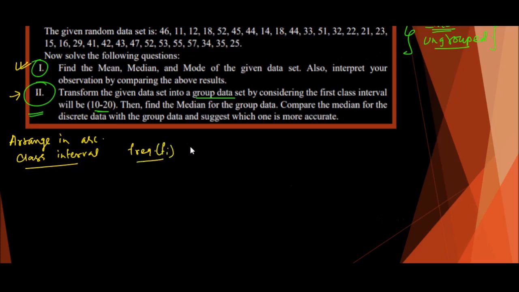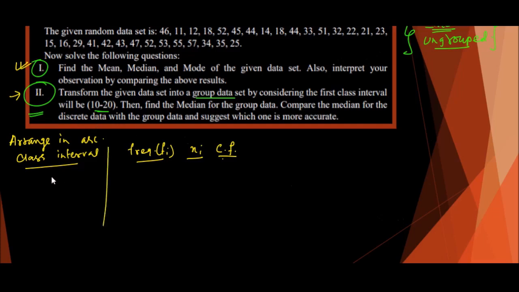After that you have xi, that means the mid value of each of these class intervals. After that you have the cumulative frequency. All right, now we'll construct it one by one.